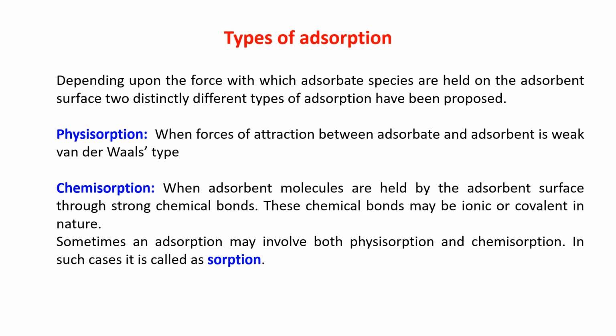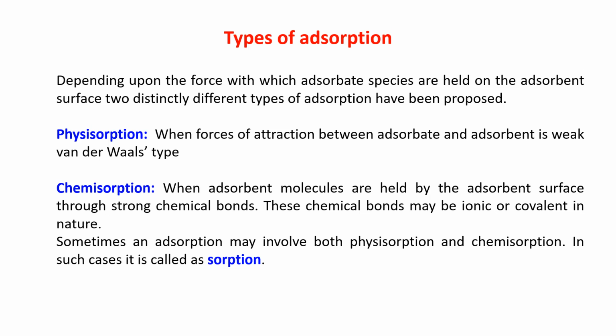Types of adsorption. Depending upon the force with which adsorbate species are held on the adsorbent surface, two distinctly different types of adsorption have been proposed. First is physisorption and the second one is chemisorption.